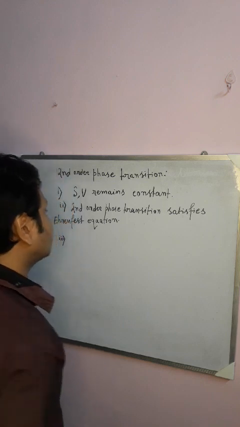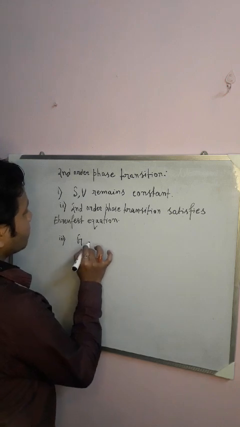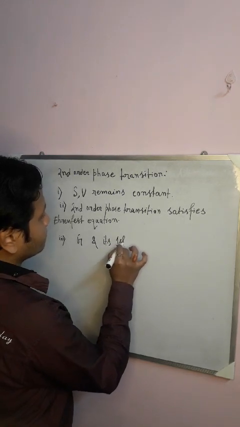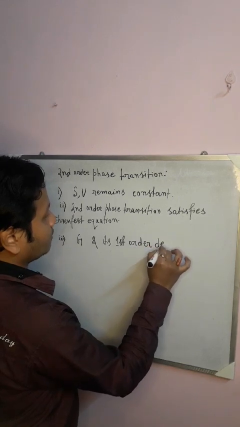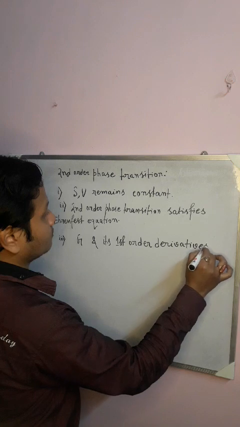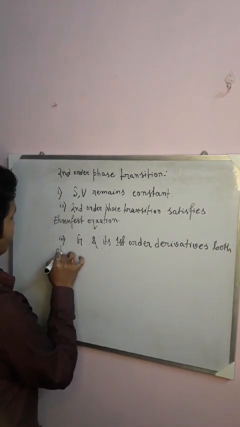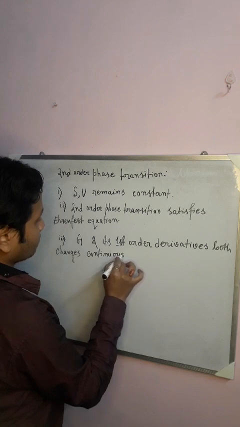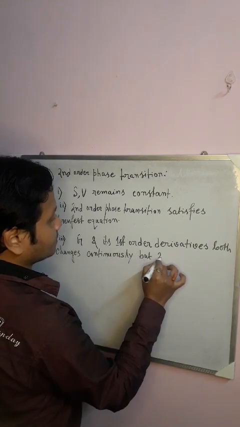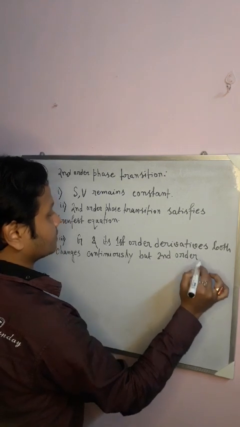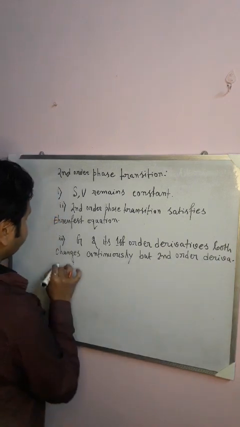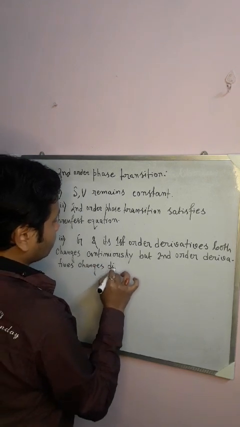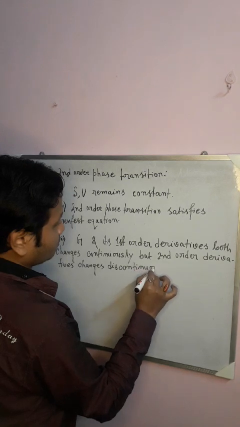But in second order phase transition, the Gibbs potential and its first order derivatives both change continuously, but second order derivatives change discontinuously.